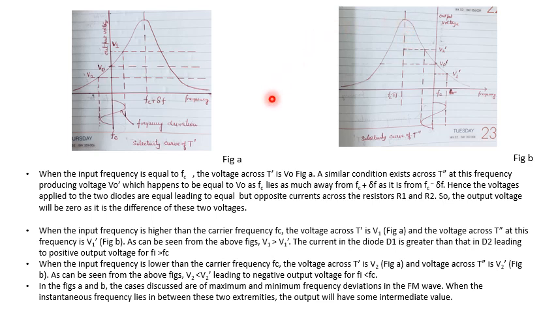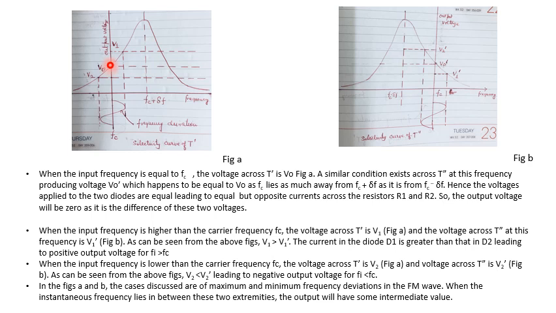Now let us see what happens in the circuit when the incoming frequency is equal to the central frequency or the carrier frequency. Suppose the incoming frequency is Fc. When it is Fc, then suppose in the tuned circuit T dash, the voltage is V0.